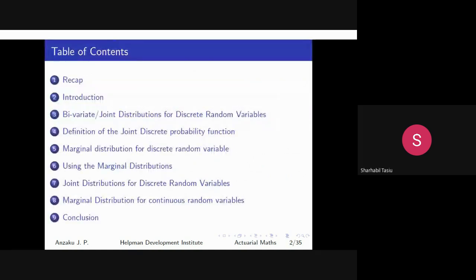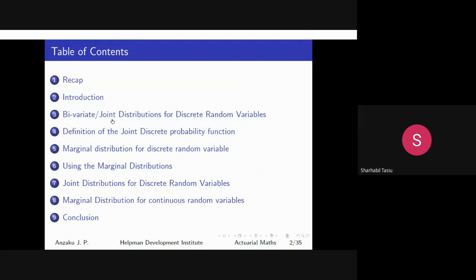All right, so our table of contents for today will be what we have on the screen. Basically, we're going to have a brief recap. We'll look at an introduction. We'll look at bivariate or joint distributions for discrete random variables. By the way, anywhere we see bivariate, we're trying to talk about the joint distribution.